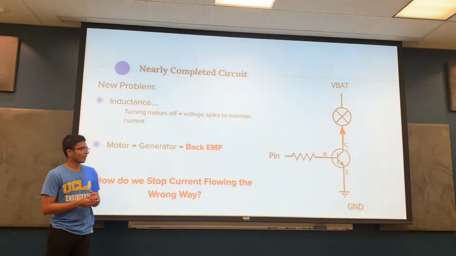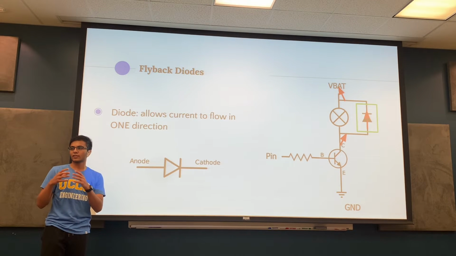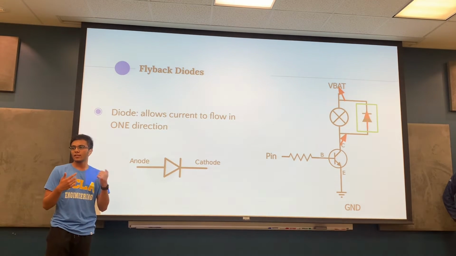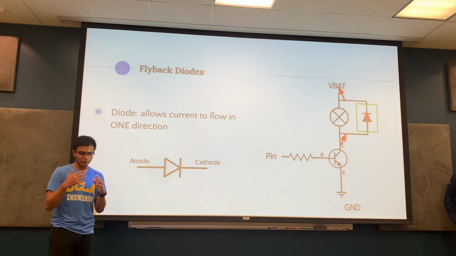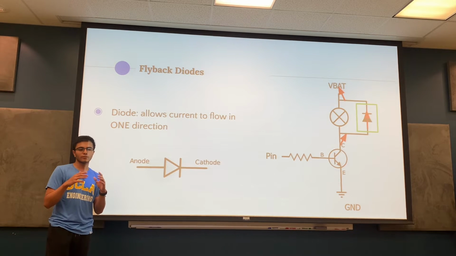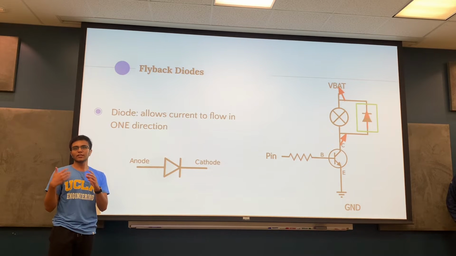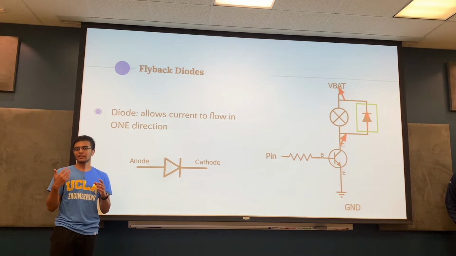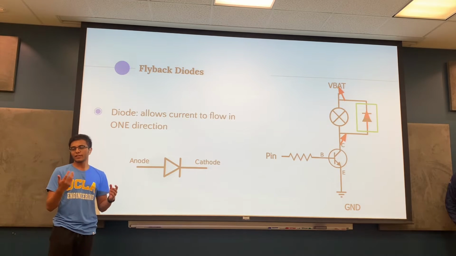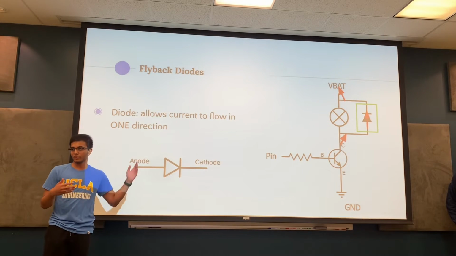So basically what happens is, inside the motors themselves, there are a lot of spinning magnets, right? And when you stop giving the motor power, those magnets slow down. If you have magnets that are spinning and decelerating or accelerating, it creates a current through the wires.